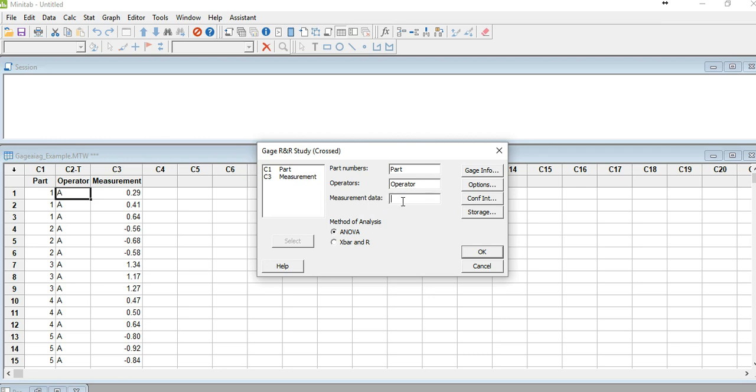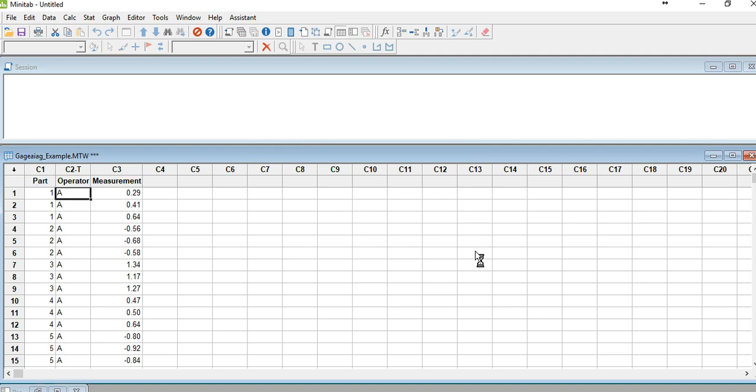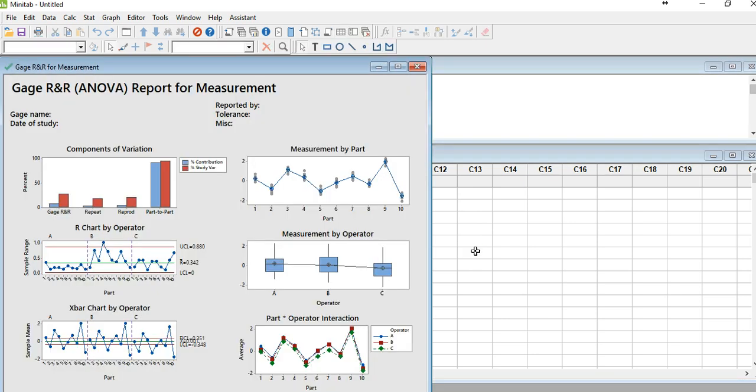Finally the cursor goes to measurement data, and you double click Measurement. Okay, so the method of analysis by default is ANOVA, so we will use ANOVA, and you can hit OK and wait for it to conduct the analysis.